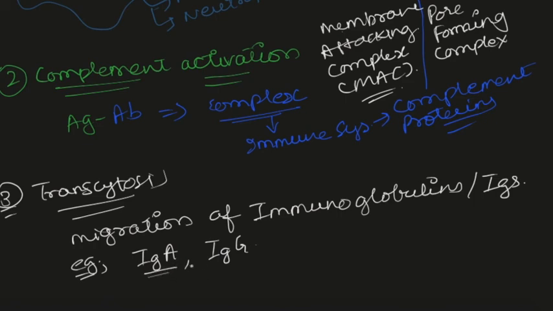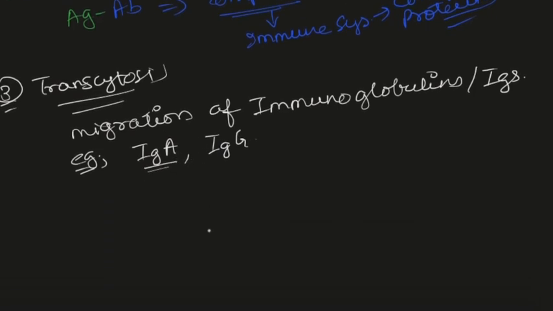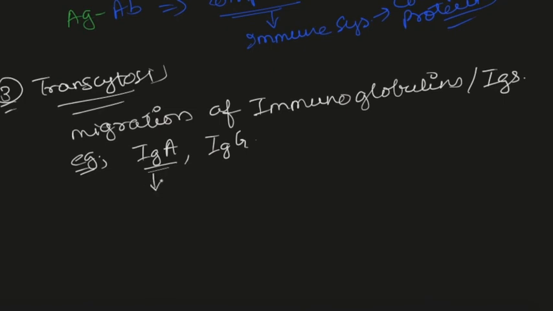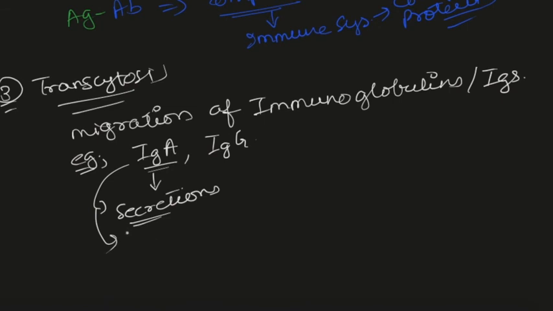As we know, IgA is commonly found in secretions, but apart from that, it can also move to breast milk. This phenomenon is called transcytosis.